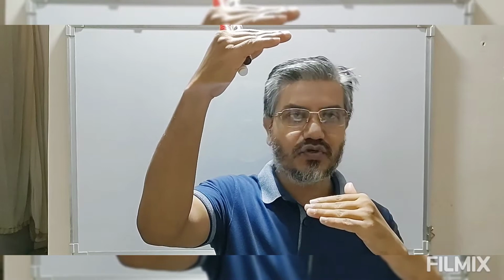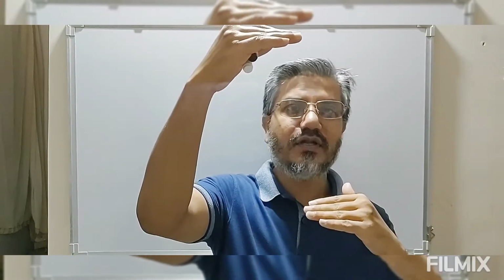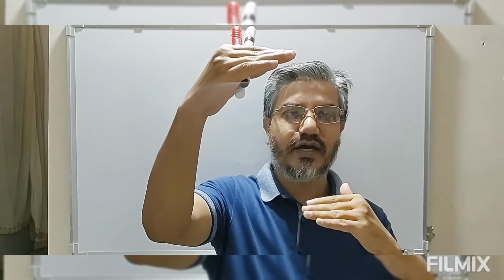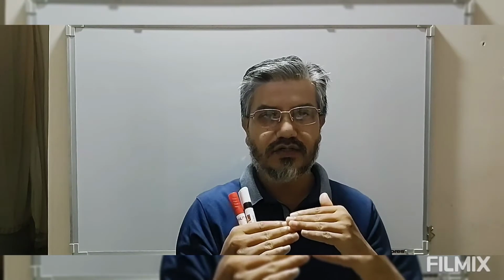But this higher level being unstable, the electron will immediately try to come from the higher level to a lower level. So during this de-excitation process, energy will be released.